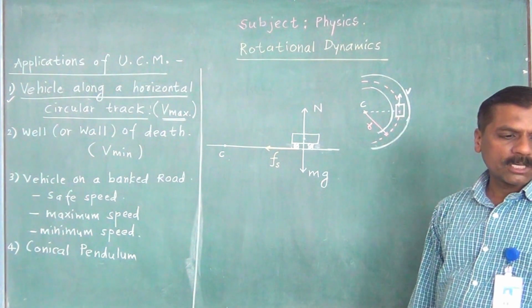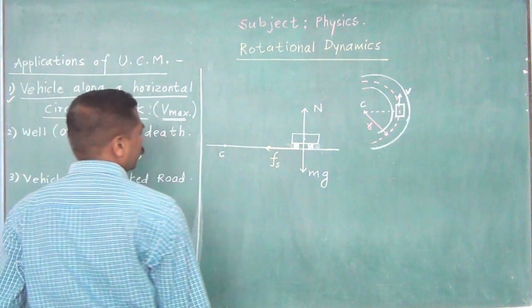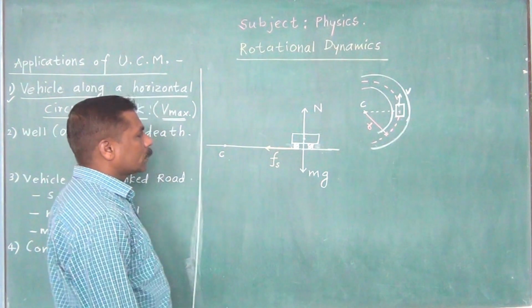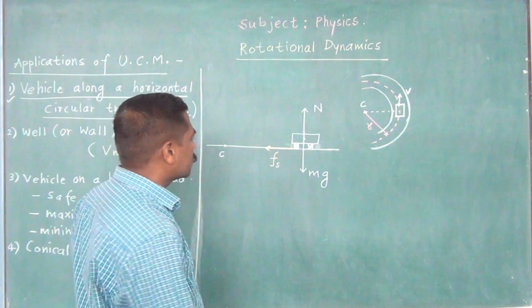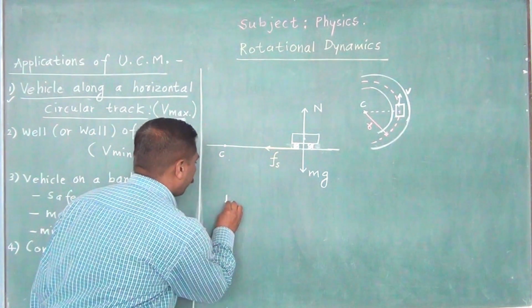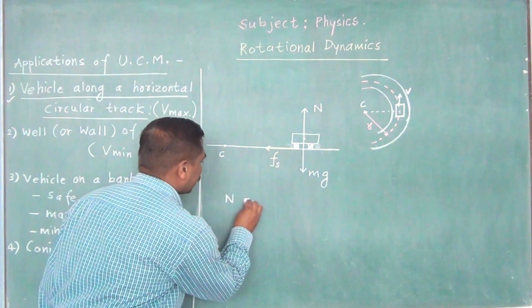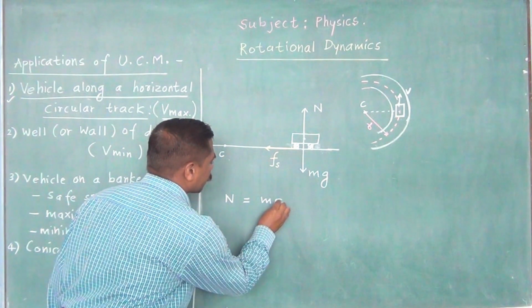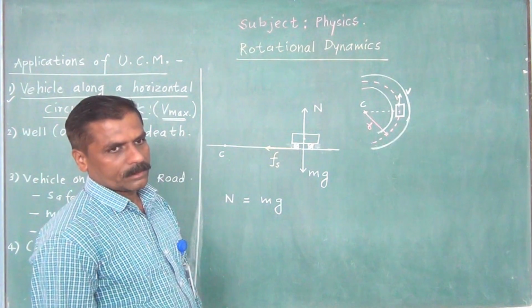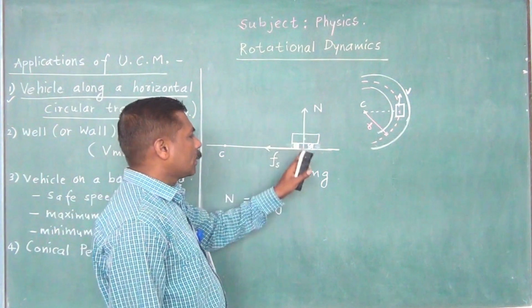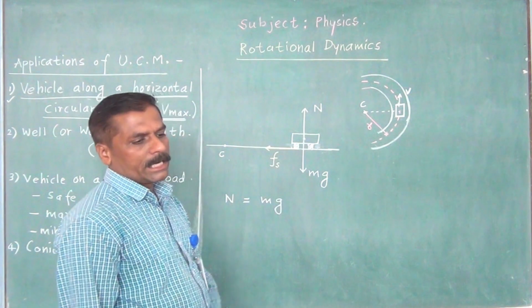If you observe the diagram, you will get two important relations. The first relation is that the normal reaction is balanced by the weight. One is vertically upward, another is vertically downward.